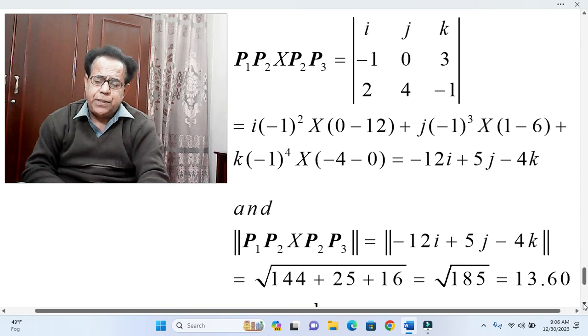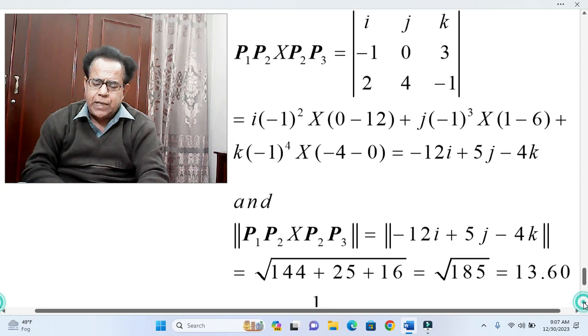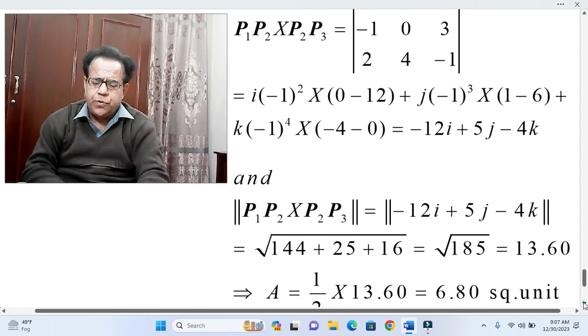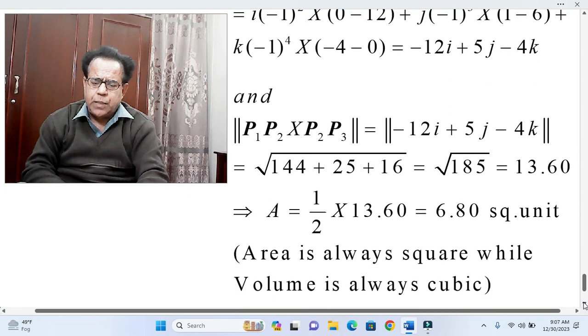The next step is to take the magnitude of this vector, which is the square root of the square of this plus the square of this plus the square of this. Square of 12 is 144, square of 5 is 25, and square of 4 is 16, and hence it will become root 185, and the value of root 185 is equal to 13.60.